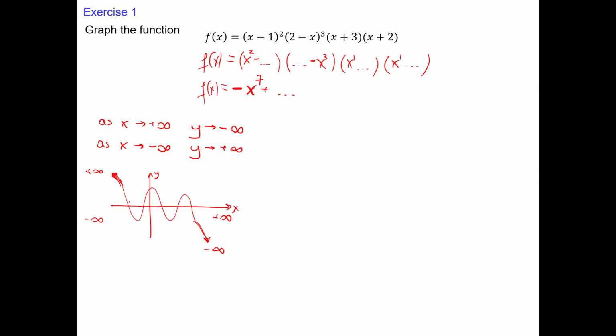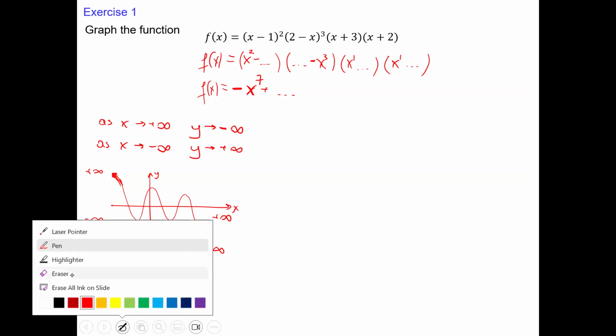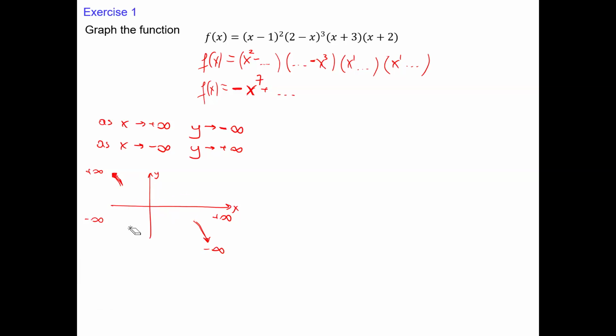What we need is the x-intercepts. Wherever is the x-intercept, the function will intersect the x-axis. But we also know the rule, if the degree is higher. Okay, that's what we see. From the first factor, we have to figure out where this function is 0. Let me rewrite for you.